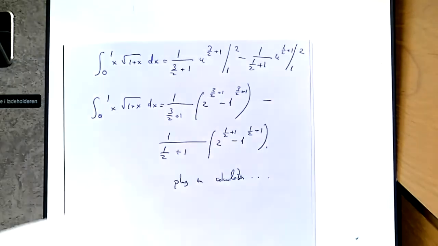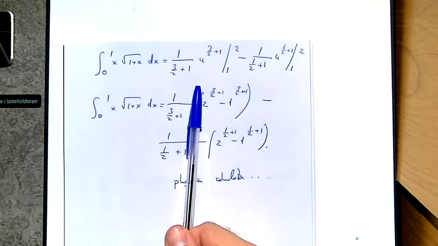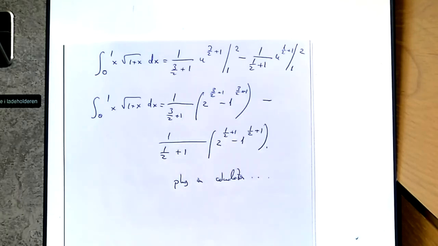And in the end, you don't need to plug in u equals x and so on. You just solve that to a number and you're done. Any questions on this? On anything regarding substitution? Okay. I'm going to assume nobody understood anything, but let's move on to the next part.